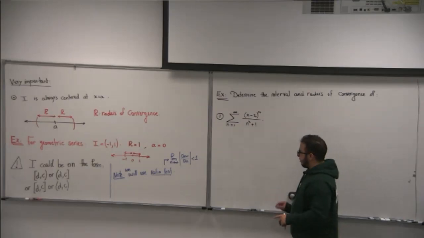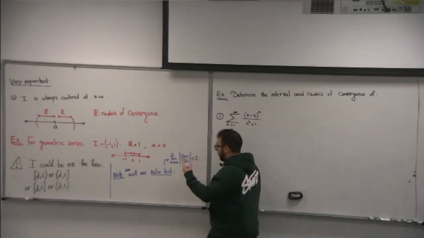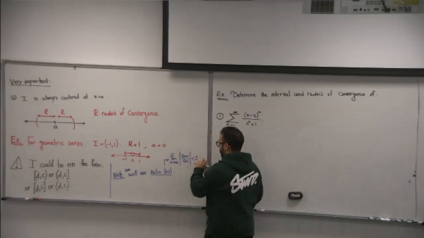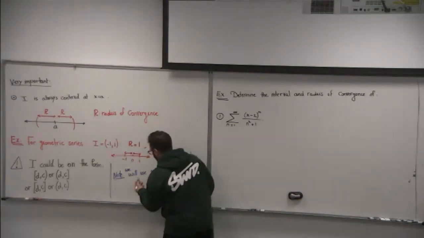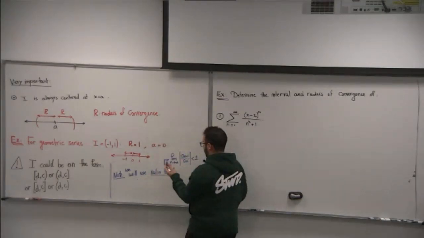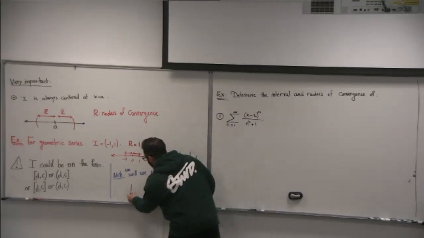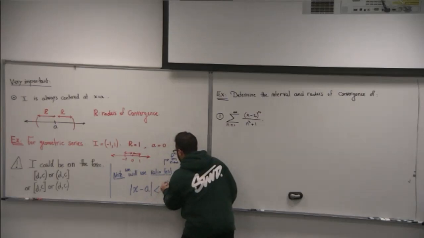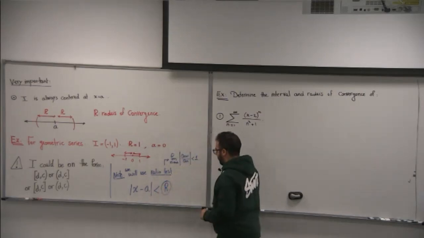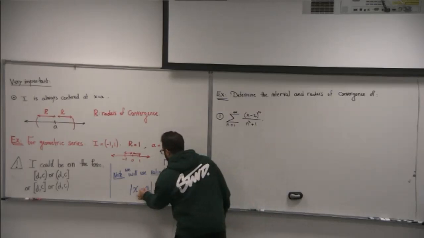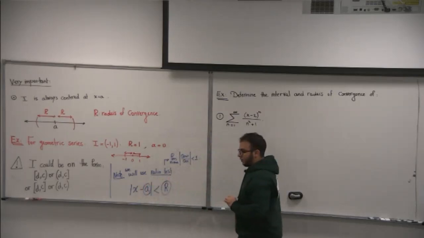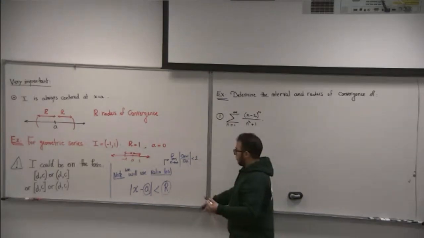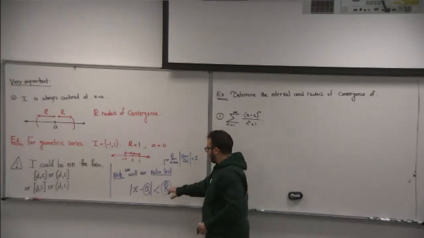Now, something to note down. To know the radius of convergence by just looking at the problem, you can use the following formula. Once you reach this form, |x minus a| less than something, that something is R. Whatever number is here is the center of the power series, and whatever number is there is the radius of convergence.